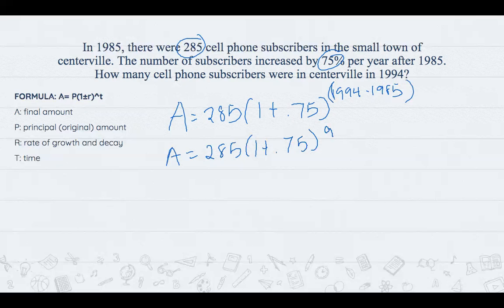So we would combine what's in the parentheses with the exponent, which basically means 1 plus 0.75 will give us 1.75, and multiply that 9 times will give us 153.9367942, and we multiply it with our principal, because this was previously in parentheses, and parentheses mean multiplication.